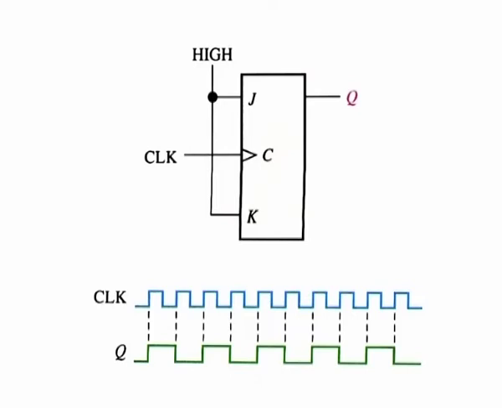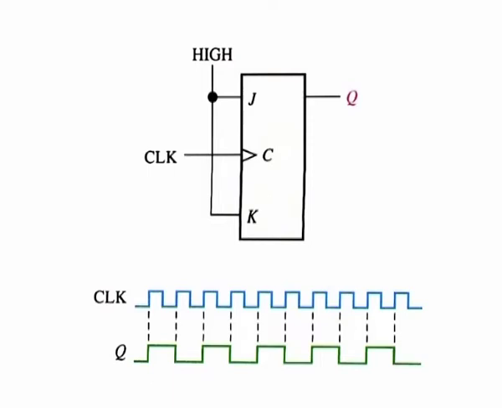Frequency division. Another application of a flip-flop is dividing or reducing the frequency of a periodic waveform. When a pulse waveform is applied to the clock input of a JK flip-flop that is connected to toggle, the Q output is a square wave with 1/2 the frequency of the clock input.